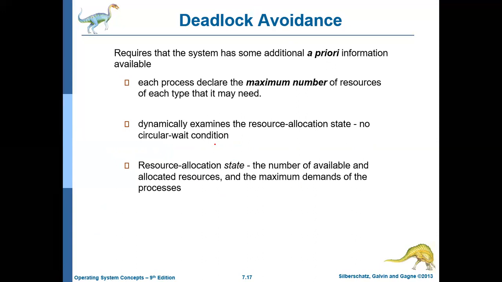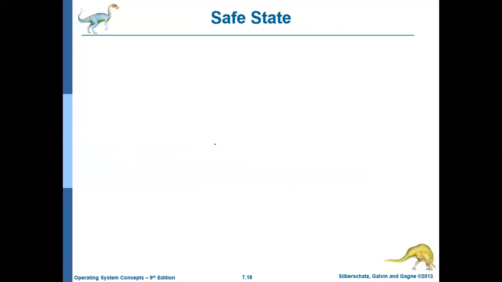If there is no circular wait, it means that the system is in the safe state. So let us try to understand how the operating system will detect whether the system is in the safe state or not. Let us try to define safe state.